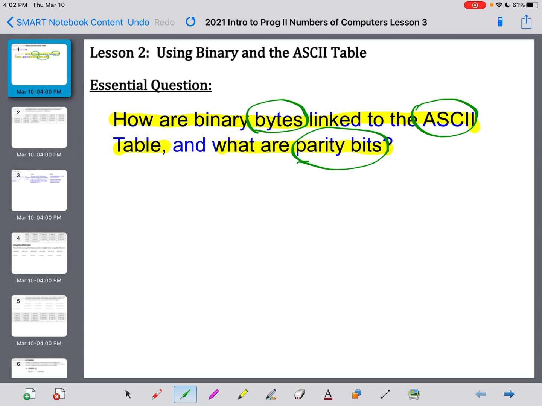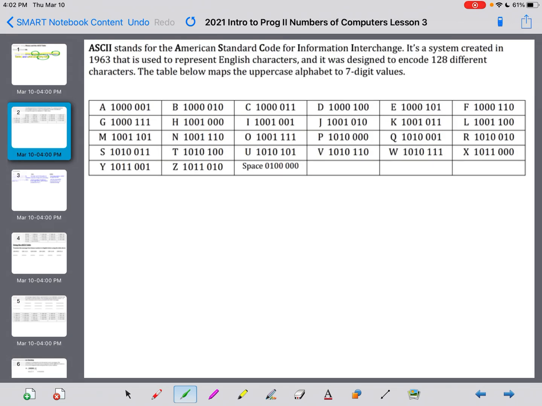First of all, let's talk about the ASCII table. The ASCII table is a standard code that is utilized to deal with keyboard characters that you type and then go into the computer as their binary equivalent.